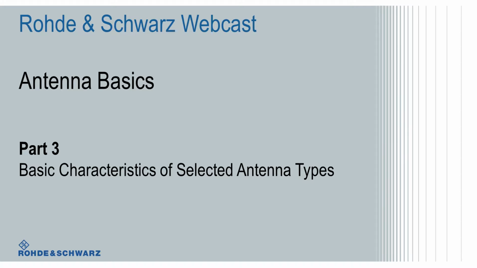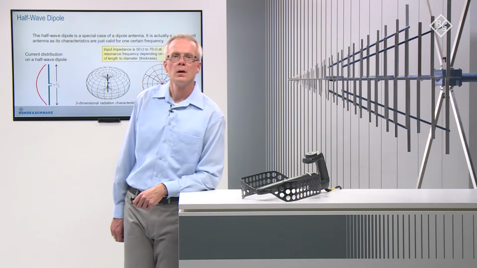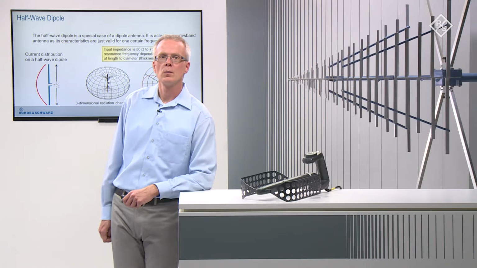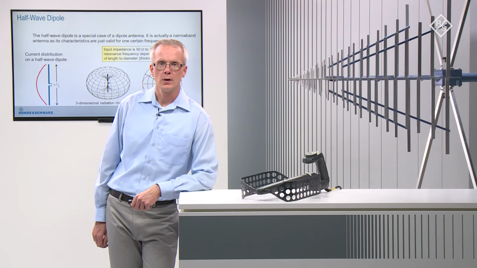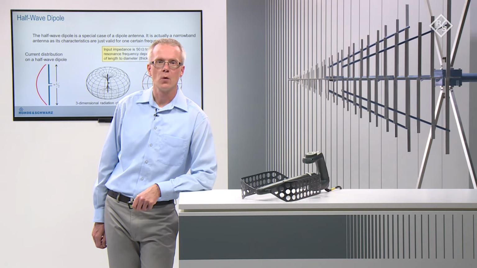In this part, we will take a closer look at some typical characteristics of selected antennas. The first antenna type we are looking at is the half-wave dipole. Dipole antennas are the most fundamental form of antennas that can be implemented. The best known example is a tuned half-wave dipole.